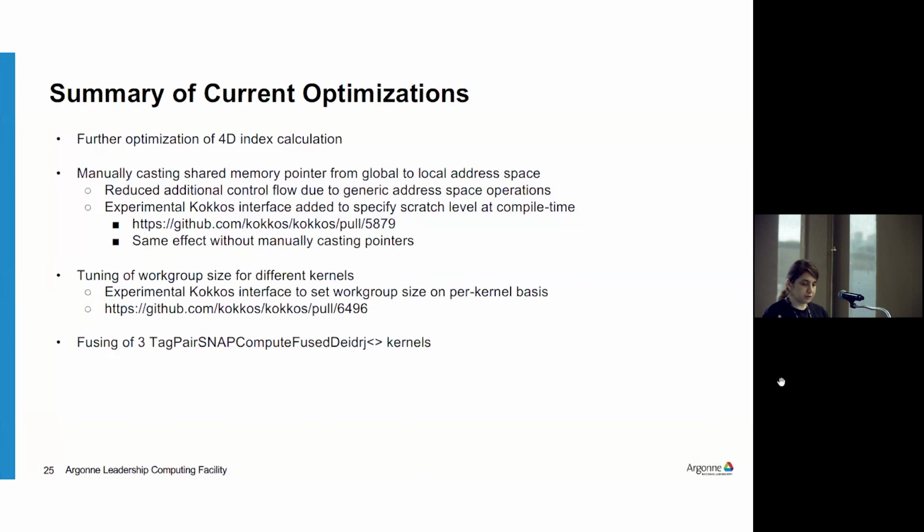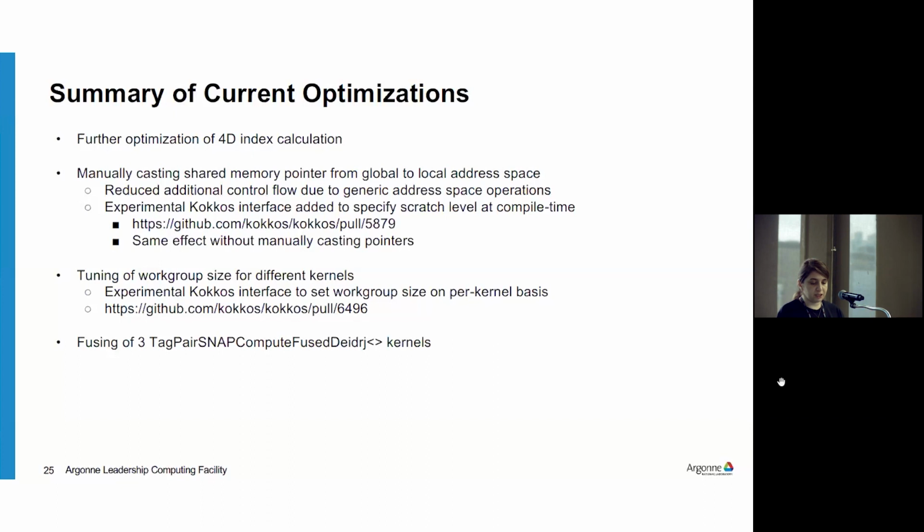So with that, I think I'm going too fast. Further optimization of the 4D index calculation was one of the main things we did. Manually casting shared memory pointers from global to local address spaces reduced the additional control flow due to the generic address space operations.